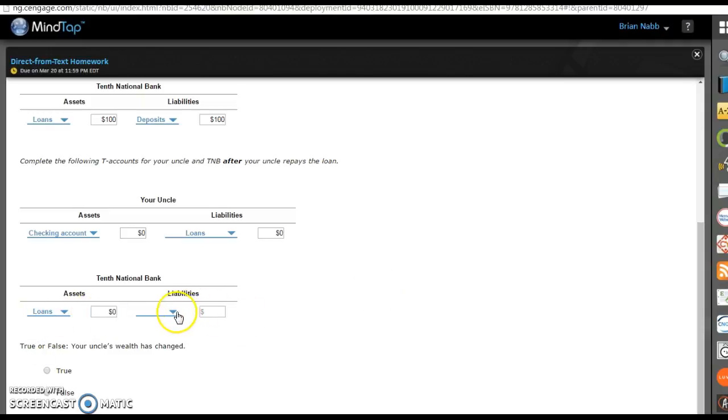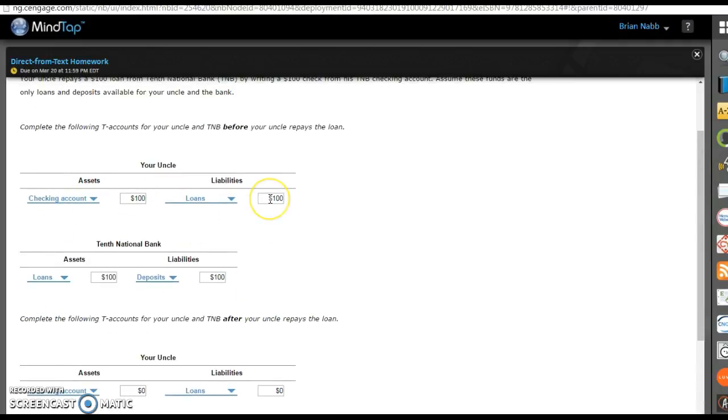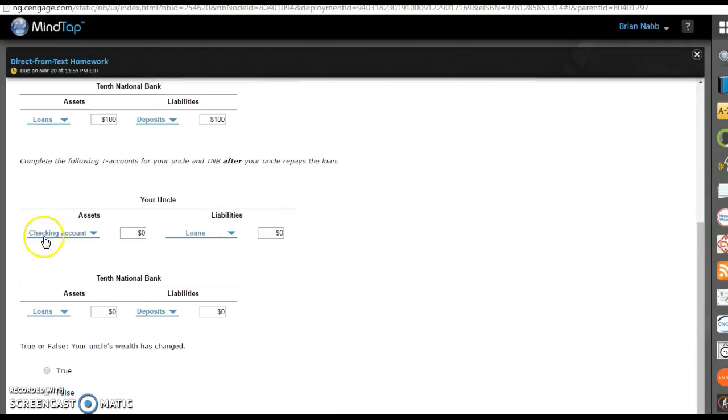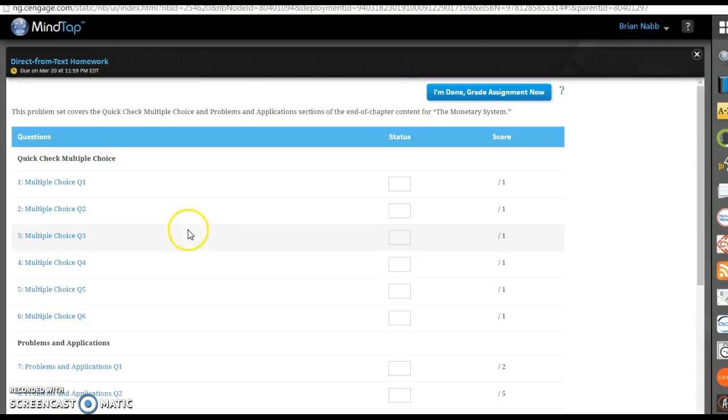They have no outstanding loans, and their liabilities are 0 as well. Has your uncle's wealth changed? Well, here, assets equal liabilities, net worth is 0, and assets equal liabilities, his net worth is still 0, so this would be false.